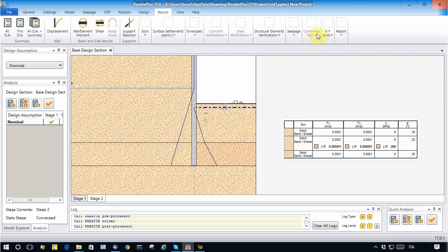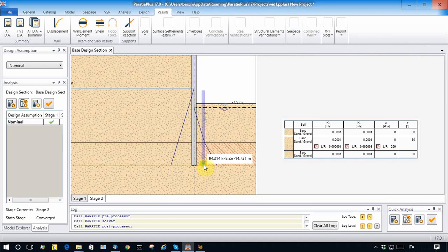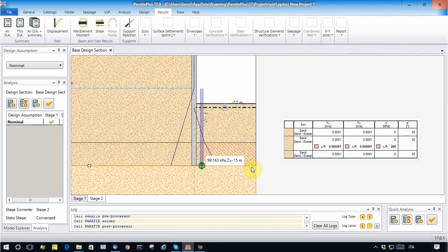We can check it, for example, by calculating the water pressure in some points around here. Again, we can calculate the resultant of the water pressure at the base of the soil plug, and so on. And then we must estimate the weight of the soil from the excavation down to the soil plug and see what the safety factor is.